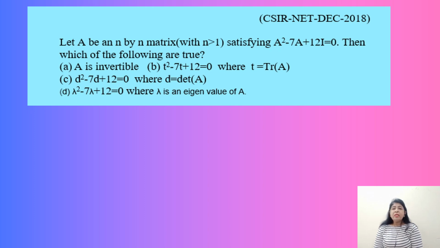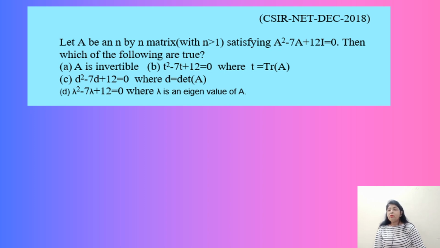Second, t square minus 7t plus 12 is equal to 0, where t is the trace of A. Third, d square minus 7d plus 12 is equal to 0, where d is the determinant of A. Fourth, lambda square minus 7 lambda plus 12 is equal to 0, where lambda is an eigenvalue of A.